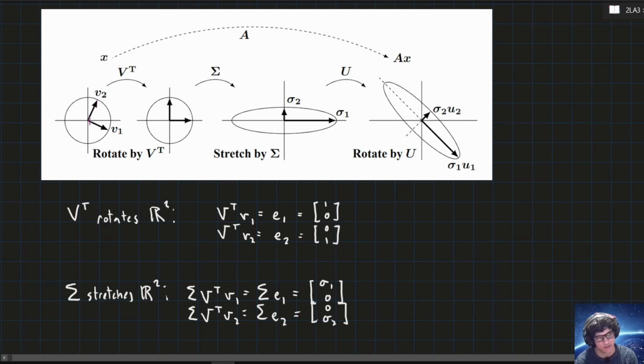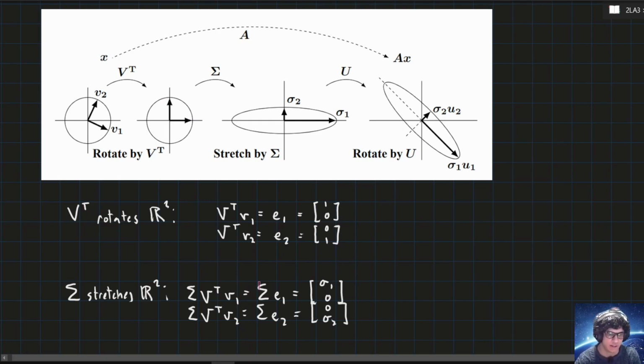It's taking V1 and mapping it to E1, and it's taking V2 and mapping it to E2. So the rotation it's doing rotates the plane by some angle, and that angle exactly moves our V's into the position where the standard basis vectors were. Okay, so that's the effect of V transpose.